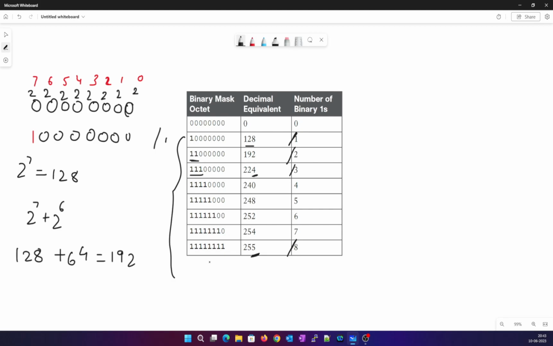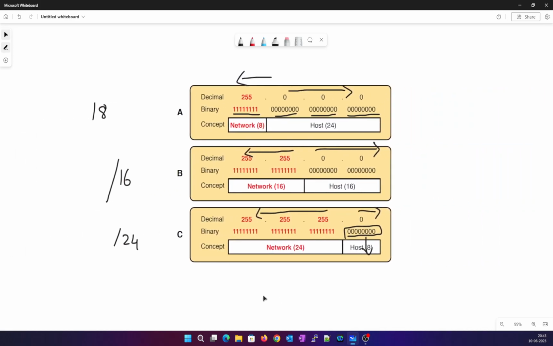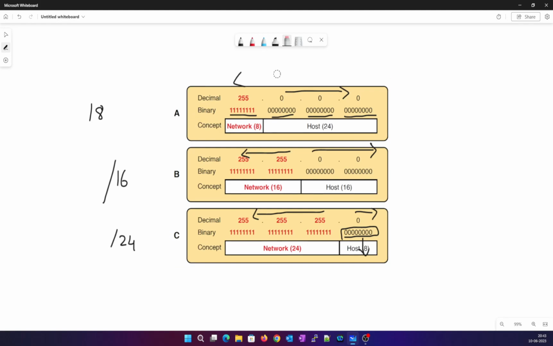So imagine that this is just the address mask for class A, as we had seen here. That is why, since it has 8 bits turned on, it is slash 8.